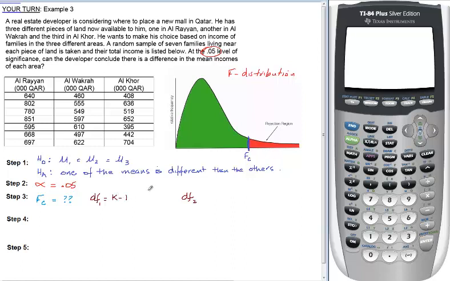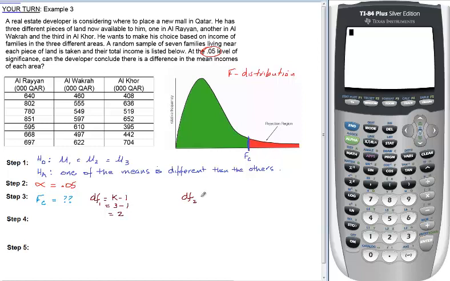Now K is the number of categories or the number of treatments or so on. In this case we have 3 different areas, so that's K. K is the number of categories, okay? Alright, so we have 3 different ones, so K in this case is going to be 3 minus 1 or simply 2.